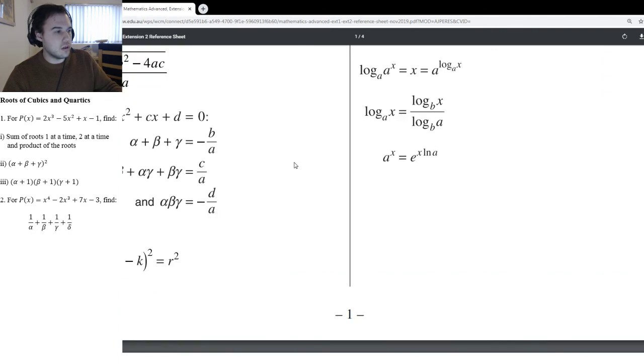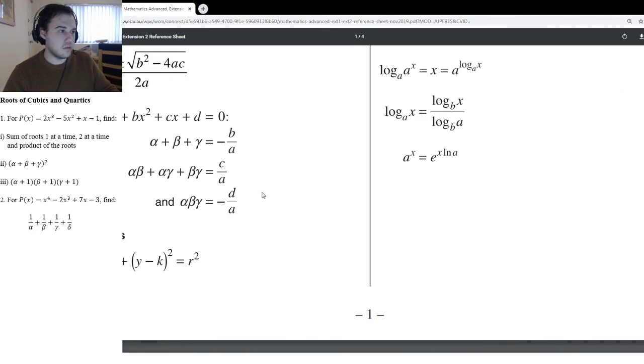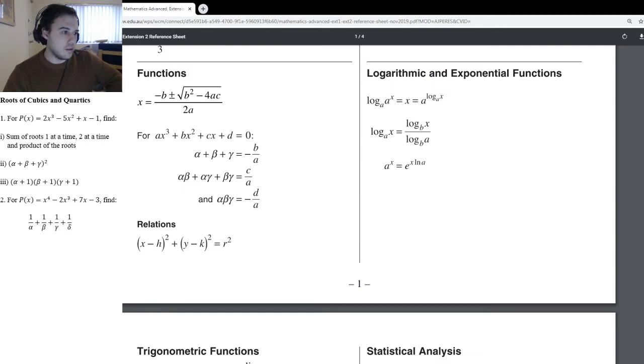Right, so if you look here, right on the left side, functions here underneath where the quadratic formula is, you've got this. It says for a cubic equation in general form that equals 0, alpha plus beta plus gamma, the sum of the roots 1 at a time is negative b on a, the sum of the roots 2 at a time is c on a, and the product of the roots is negative d on a, which is what we just did, right?